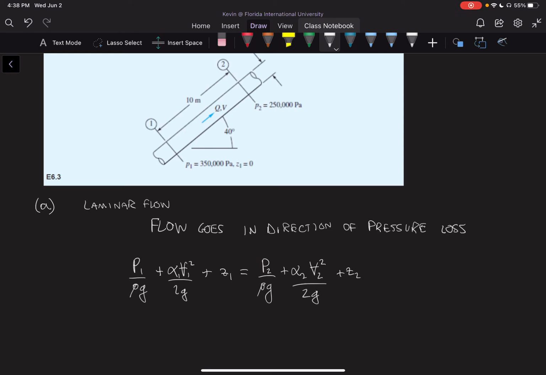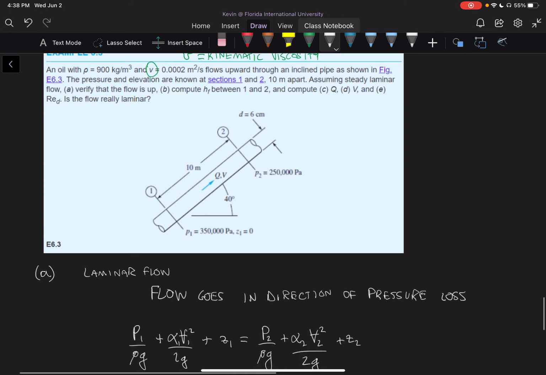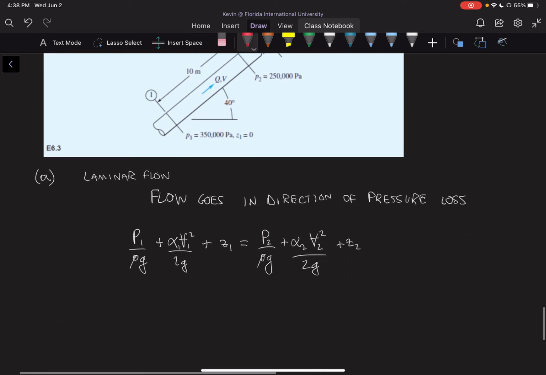Now, in our flow, we know that the velocities are going to cancel. We have a constant q throughout the area, and the area is not changing, so the velocity has to stay the same. We have steady flow. So that means that our velocity is not changing. So this term goes to 0, and this term goes to 0.